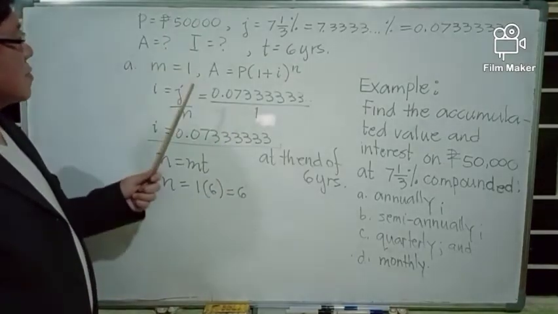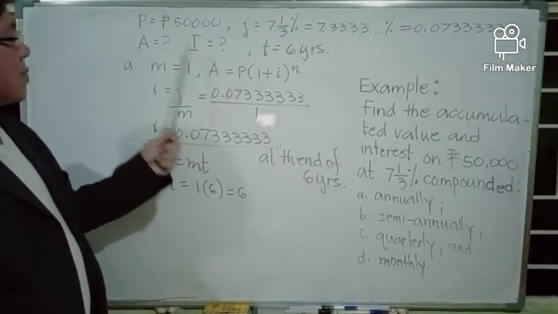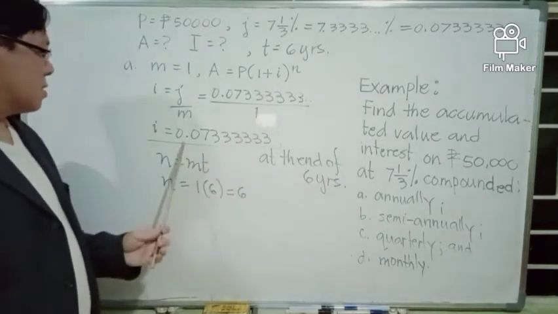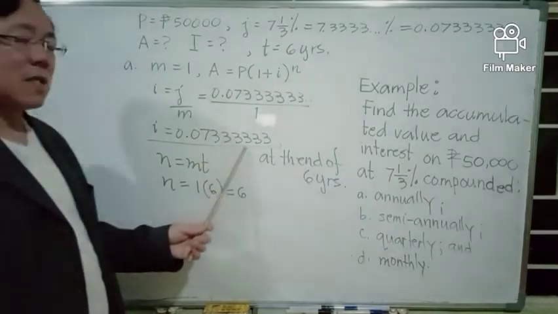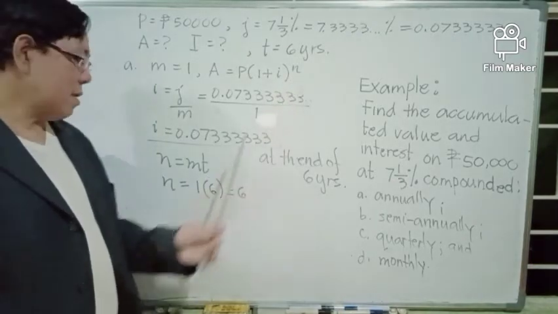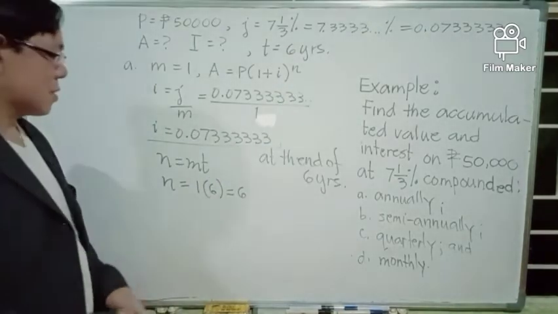Now we substitute P, 50,000 pesos. Interest rate per period I, 0.07333, with the 3 repeated without end, to the power N, N is equal to 6.